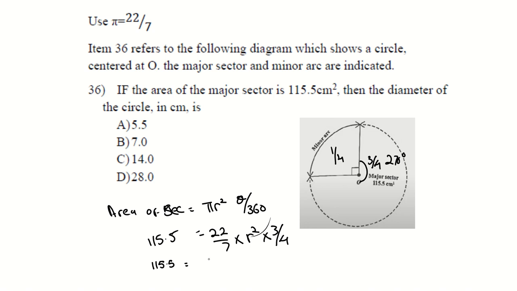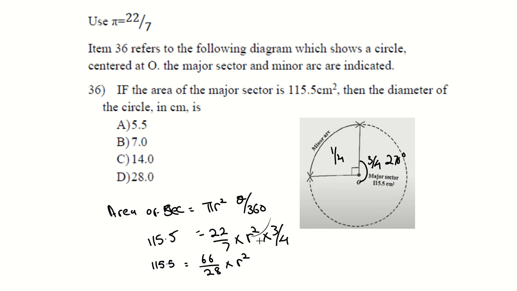So 115.5 is equal to 3 2s are 6, that's 66 over 7, 7 4s are 28, multiplied by r squared. So what you could probably do is put in these answers to see which one would make the answer 115.5, because these are your diameter.